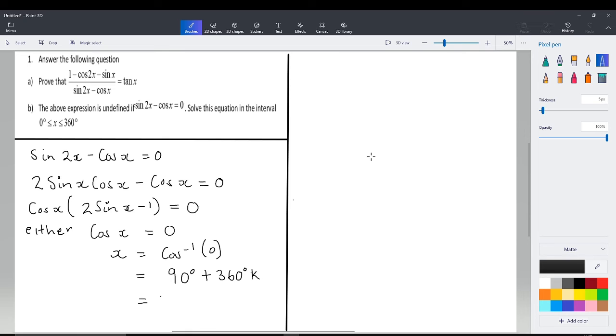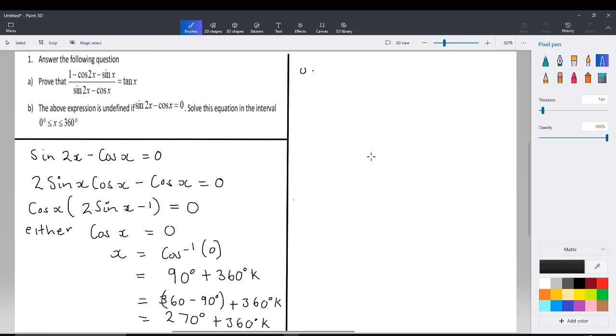And we also know that the general solution for cos is 360 minus alpha. In this case, alpha is 90 degrees plus 360k. So this is equal to 270 plus 360k.